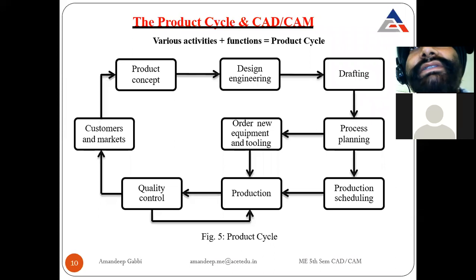Then drafting is drawing that on your sheet or on your PC computer. Once you have drafted that, that draft will be sent to the process planning department. Process planning department will look into that product and will gather information, what operation is to be done, what different types of operation can be done on that particular part.